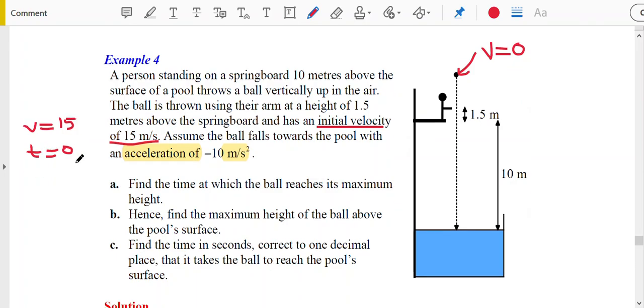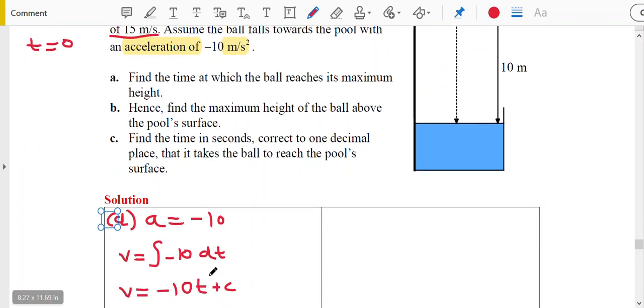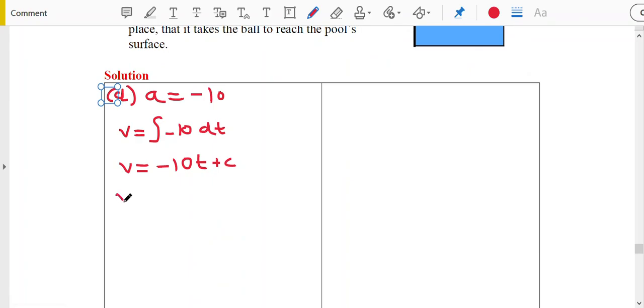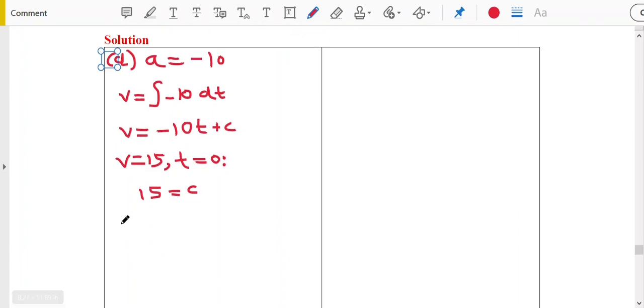So that's my initial condition that I can use to find the plus c. Substitute those numbers in, which would give me 15 equals negative 10 times 0, so that will give me 0. So c is 15. Therefore, my velocity function is negative 10t plus 15.